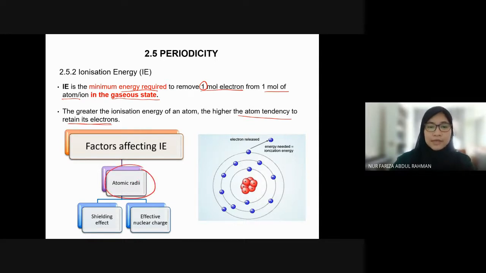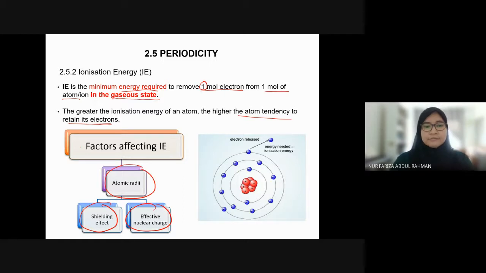Okay, but we know that atomic radii depends on shielding effect and effective nuclear charge. Okay, remember at the end of the day, it all depends on the attraction between nucleus dengan valence electron. So this attraction cause the variation, okay, in terms of size, ionization energy, electron affinity, and electronegativity.